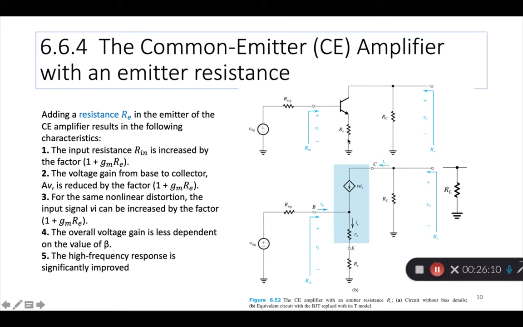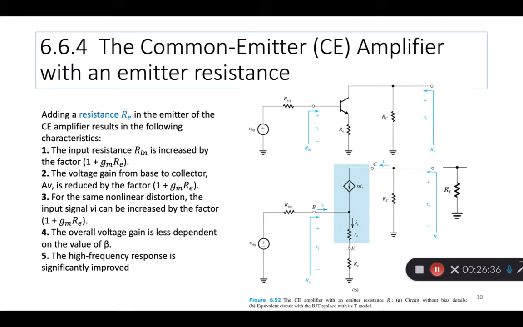So you can stay linear even though your input signal is larger. With an emitter resistance, you are able to handle a larger input signal without distortion, without changing the shape of your sinusoid or whatever is your input signal. So that's the big benefit of having an emitter resistance.